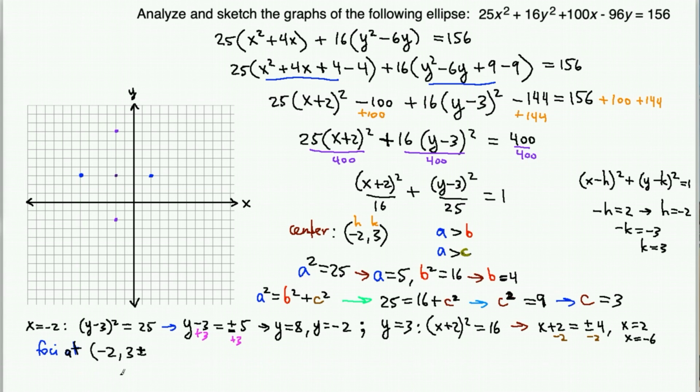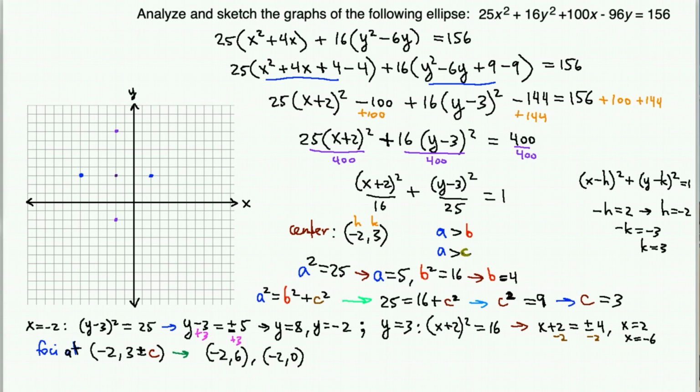So you can see we can kill 2 birds with 1 stone. Plus minus C. All right, so that's going to be like that. So what is that going to be? That's going to be -2, and 3 plus 3 is 6, and -2, 3 minus 3 is 0.